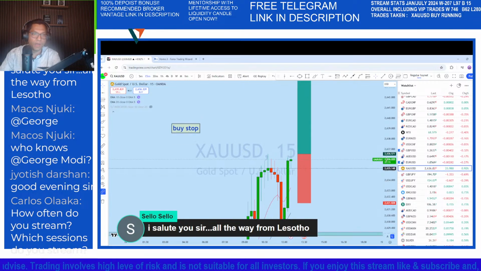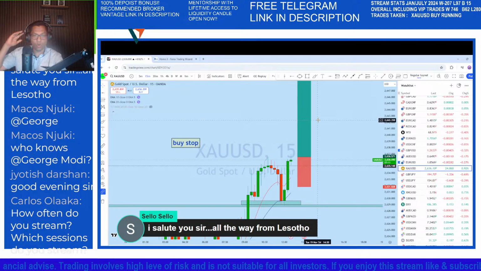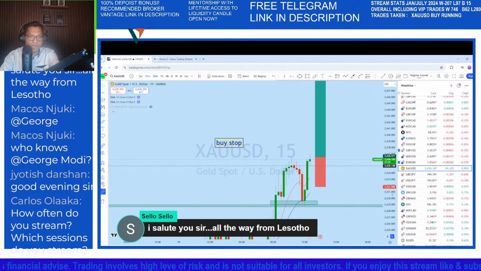I want to see that it's bouncing from this level, moving up and going to the top to create a new higher high.